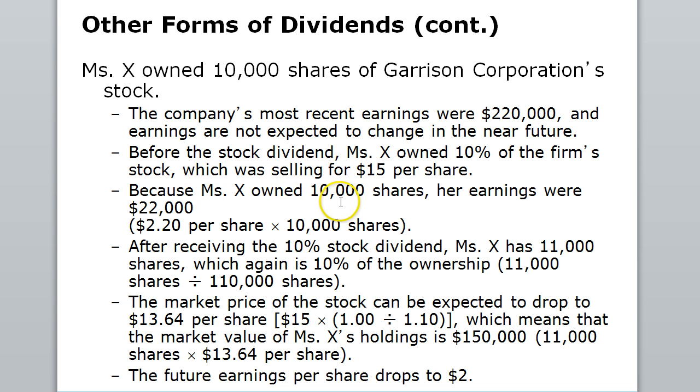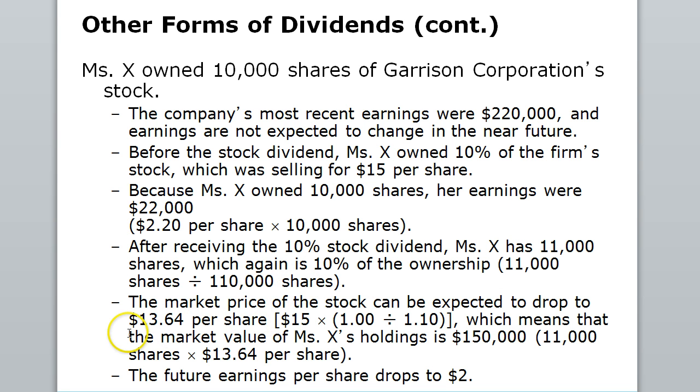Because you own 10,000 shares, earnings were $22,000 or $2.20 per share. After receiving a 10% stock dividend, you're now going to have 11,000 shares of stock because 10% is 1,000 shares. So now 11,000 shares of stock, which again is 10% ownership. So you have 11,000 shares of stock out of the 110,000 outstanding shares.